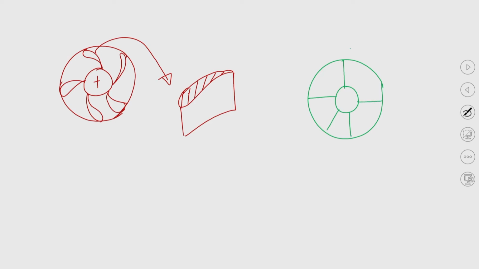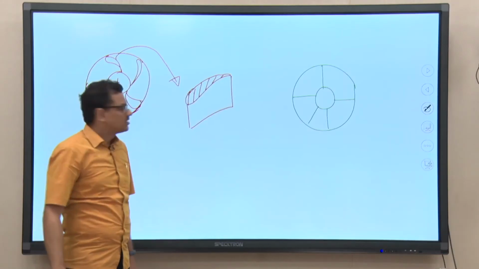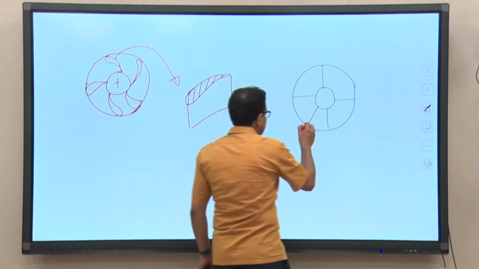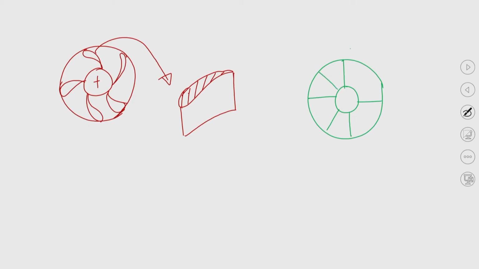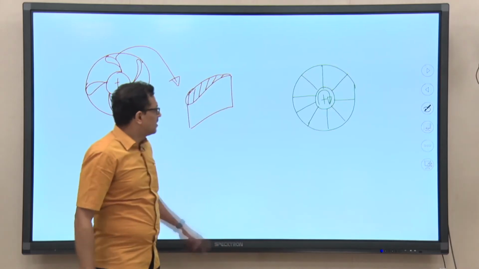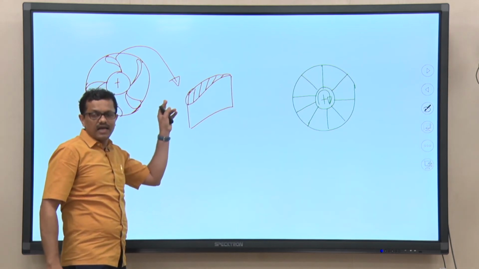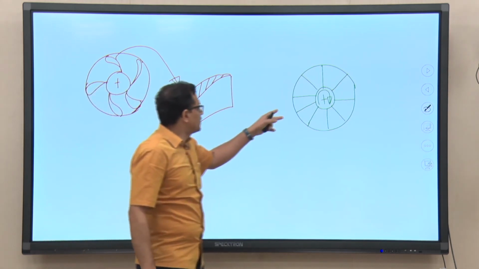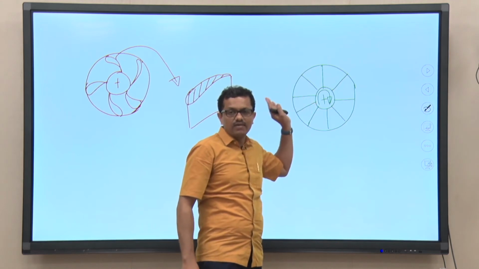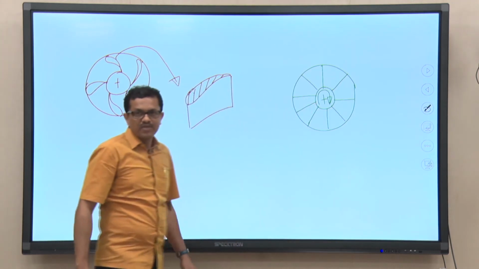So, basically I am considering this type of arrangement just for ease of analysis. I am considering an impeller which is rotating again in the clockwise direction, but instead of representing the blade like an isolated airfoil, I am representing them like this to keep the analysis simple.